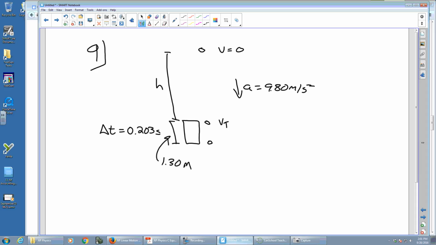But algebraically, I'm going to use our friend again. D equals D naught plus V naught delta T plus 1/2 A delta T squared. Which direction do you guys want to label as positive?